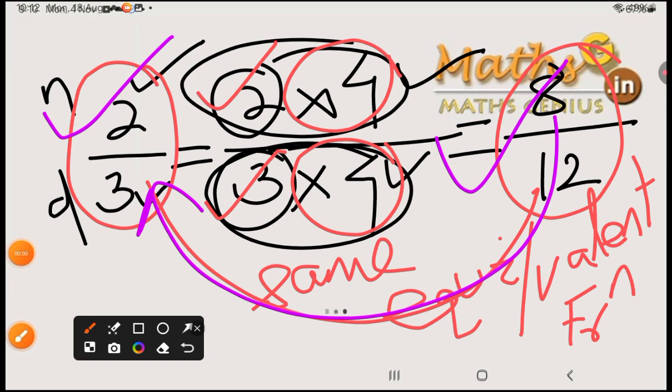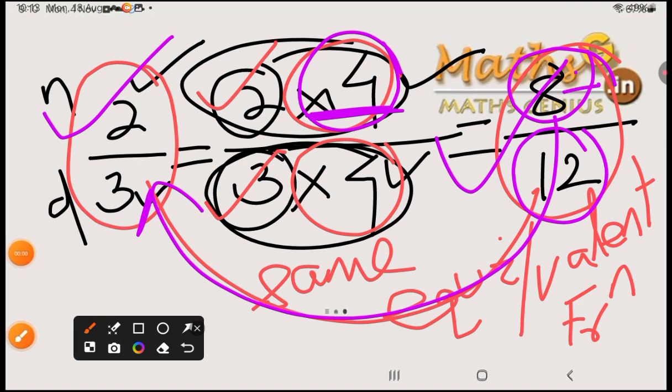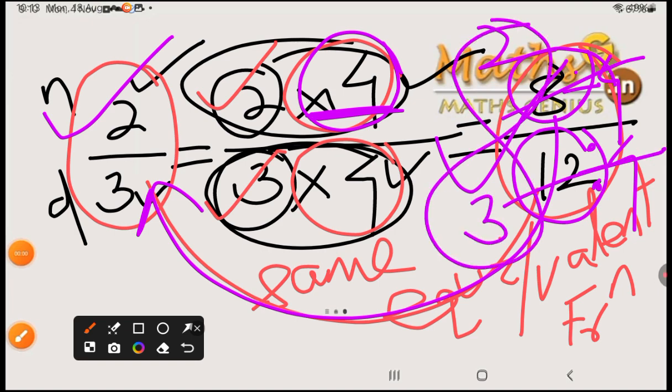Yes. I will have to divide the numerator and the denominator by the same number with which I have multiplied. So 8 divided by 4, 12 divided by 4. 8 divided by 4 is nothing but 2. 12 divided by 4 is nothing but 3. So again I got the original fraction 2 by 3.